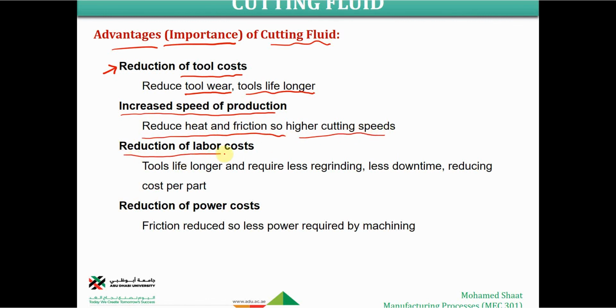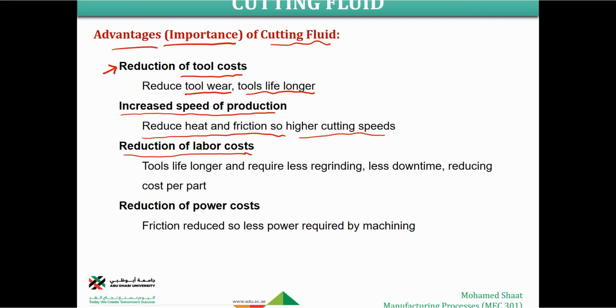Also, it can be used for reducing the labor cost. What does labor cost mean? This is the cost per hour, depending on the worked hours of the operator. There is someone who is going to use this machine and operate this material, and this laborer is getting paid per hour, right?